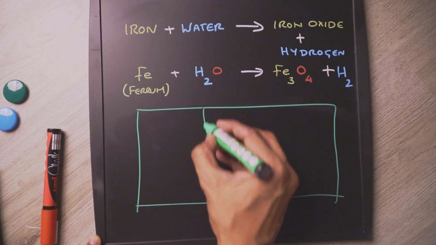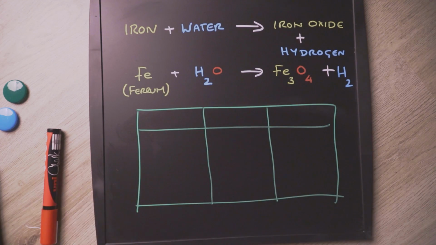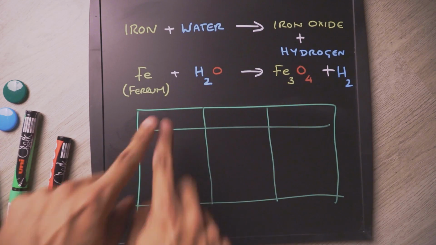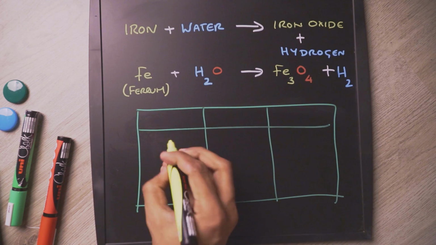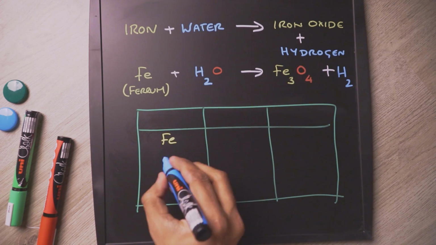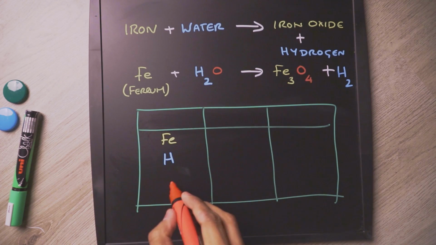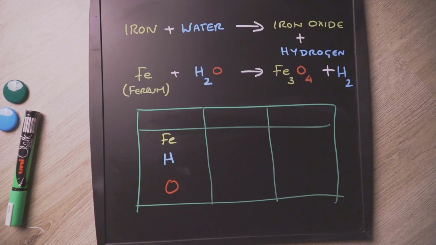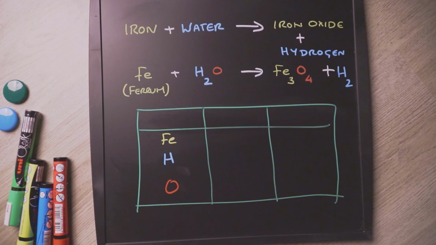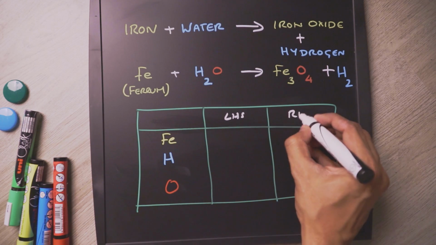Okay, on the table, list down every single element that is there in your equation. So you have iron, you have hydrogen, and then you also have oxygen. Now what you do, this is your LHS and this is your RHS.